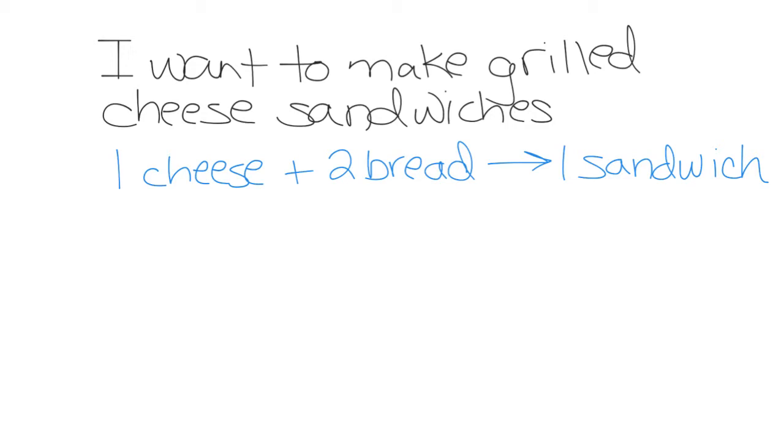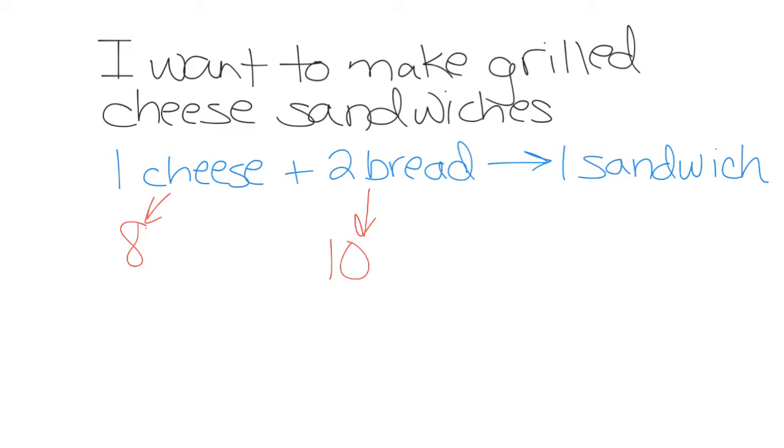So let's say I open up the fridge and I have 8 pieces of cheese in my fridge. And let's say I go to my pantry and I get my bread out and I have 10 pieces of bread. I want to know how many sandwiches can I make.